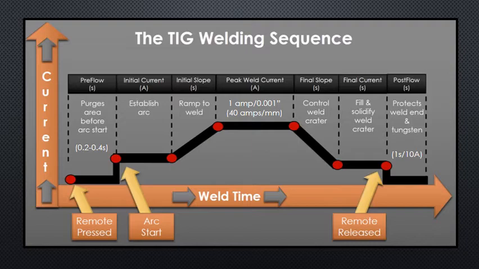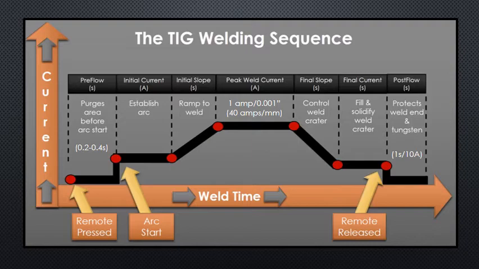In some special applications. When we get to our peak current, you can see there that the recommendation is about 1 amp for every 1,000th of an inch thickness. So in terms of 1/8 inch material, if that is 0.125 inches, we're basically going to require about 125 amps to weld that material. And that's where I'd probably set my machine.